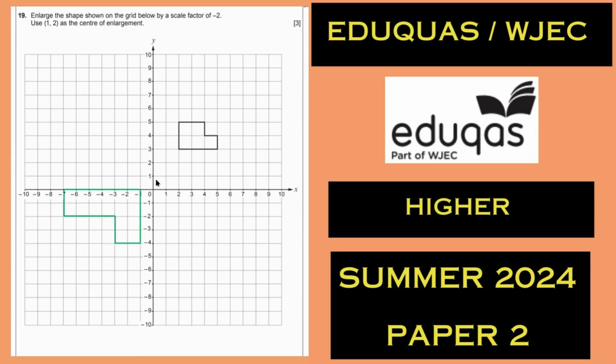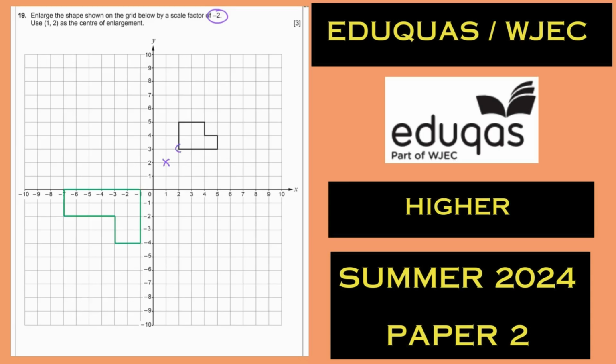Okay, what I am a fan of is plot the centre of enlargement, 1 along, 2 up, and do everything by counting. If you've got a scale factor of -2, any movement right will become left, and it will double.